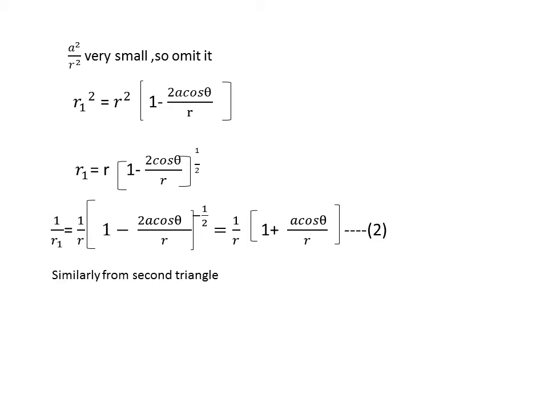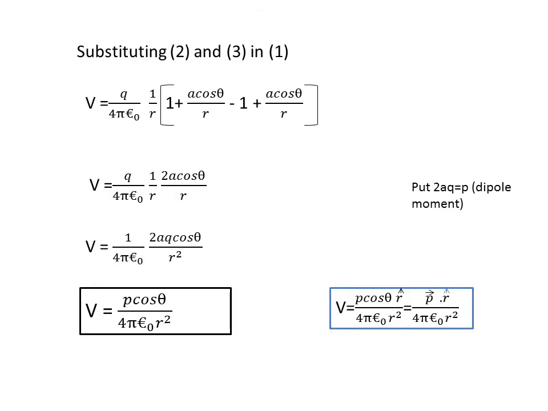Similarly, from the second triangle, we can derive 1 by r2 equal to 1 by r into 1 minus a cos theta by r. Now let us substitute the values of 1 by r1 and 1 by r2 in equation number 1. We have taken 1 by r outwards. So inside the bracket we have 1 plus a cos theta by r minus 1 minus a cos theta by r.